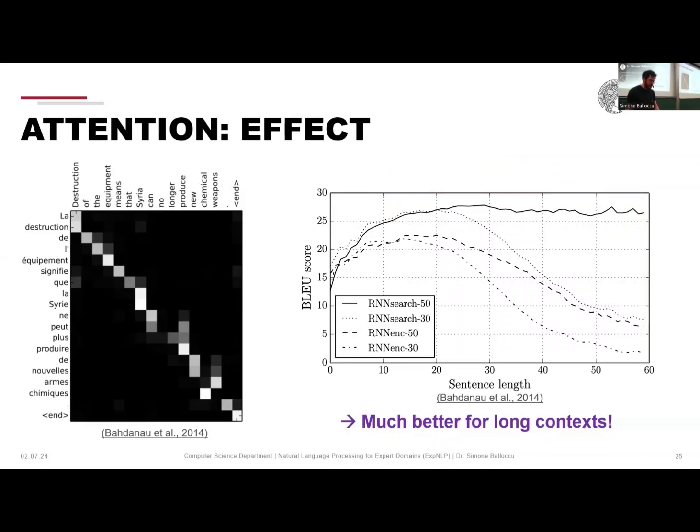The BLEU score is the higher the better. It stays pretty much stable, while the other architecture without attention just drops, typically after 20 n-grams or something like that. So it actually works. It lets us model much longer sequences.